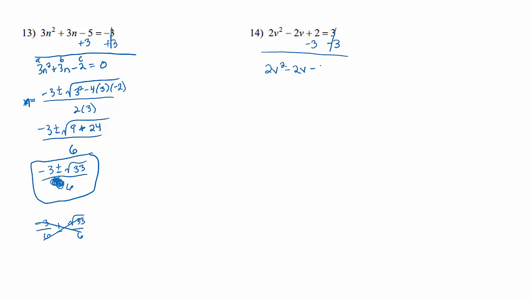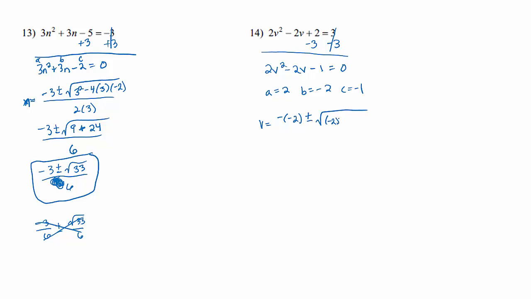A is 2, B is -2, C is -1, and we get x equals negative B, so that'll switch to a positive on our next step. This -2 that we're squaring should be in parentheses to say, hey, I'm squaring this whole -2 and not just part of it.